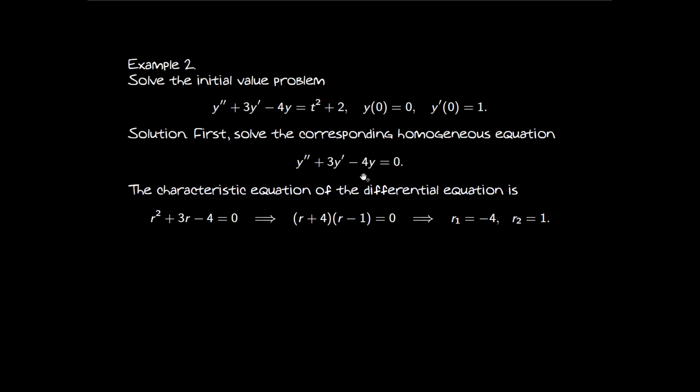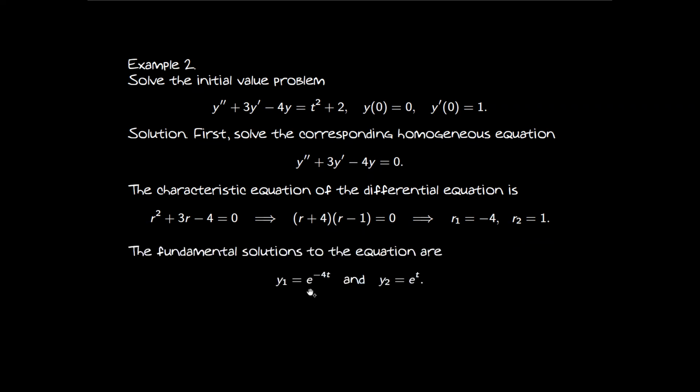In this case, the characteristic equation is going to be factorable. And then easily we can get the 2 roots are going to be -4 and 1. So that the fundamental solutions are going to be e to the -4t and e to the 1t.